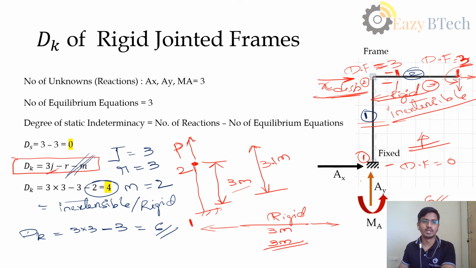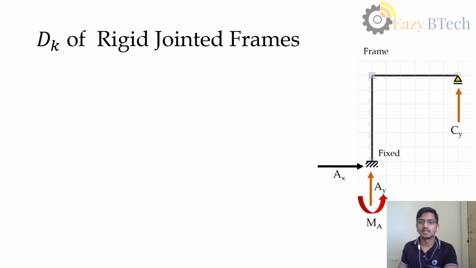You need to make sure whether they have mentioned that it is extensible or inextensible. If it is inextensible, you need to subtract this m. If it is extensible, then you need not subtract this m.